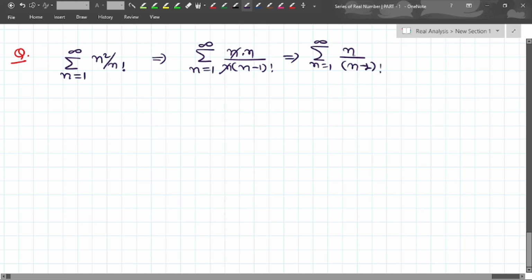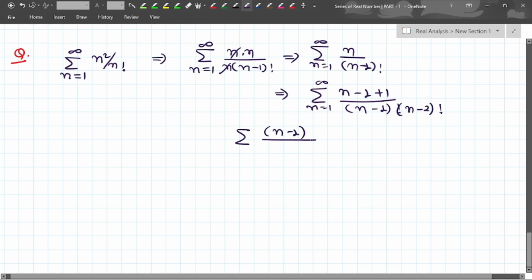Now if I really want to remove this numerator n from here, I will subtract 1 from here and add it. So it is nothing but n minus 1, or let's say n minus 2 factorial. Then I can easily write n minus 1 divided by n minus 1 into n minus 2 factorial, plus summation n equals 1 to infinity of 1 upon n minus 1 factorial. That is the combination of this.